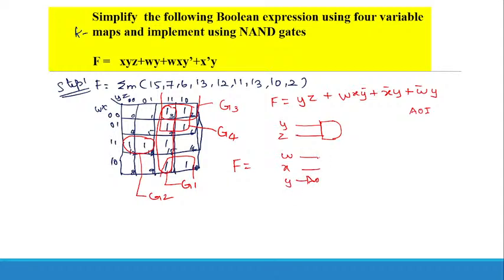WXY bar. Another AND gate. These are the min terms, product terms. Product terms could be obtained only by the AND gate. Okay. So how many of the product terms? Those many. But X, we need X bar and X. Then how will we get X bar? Like this. Inverter. Then Y.